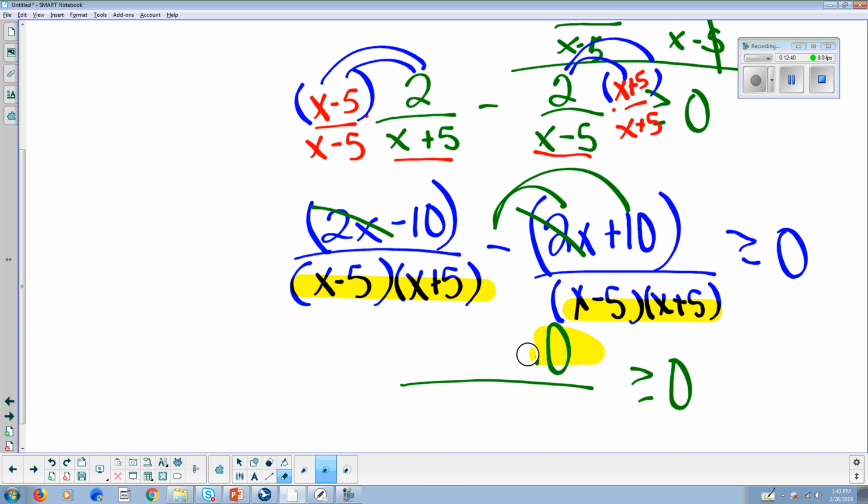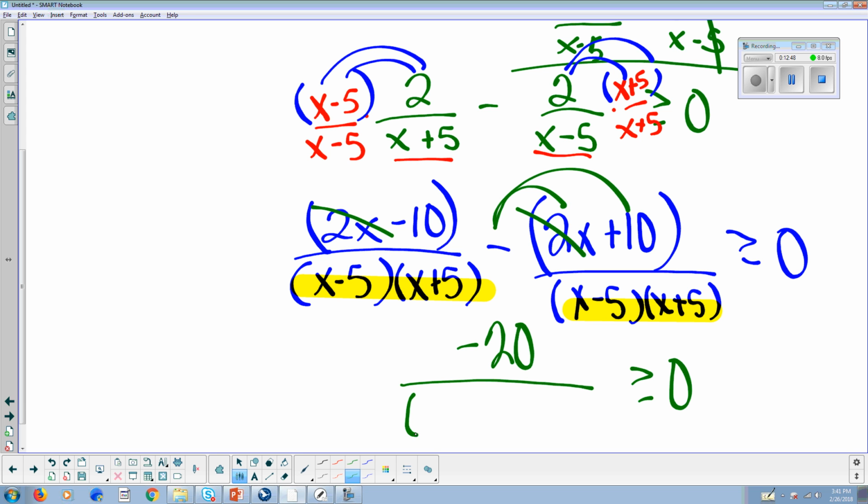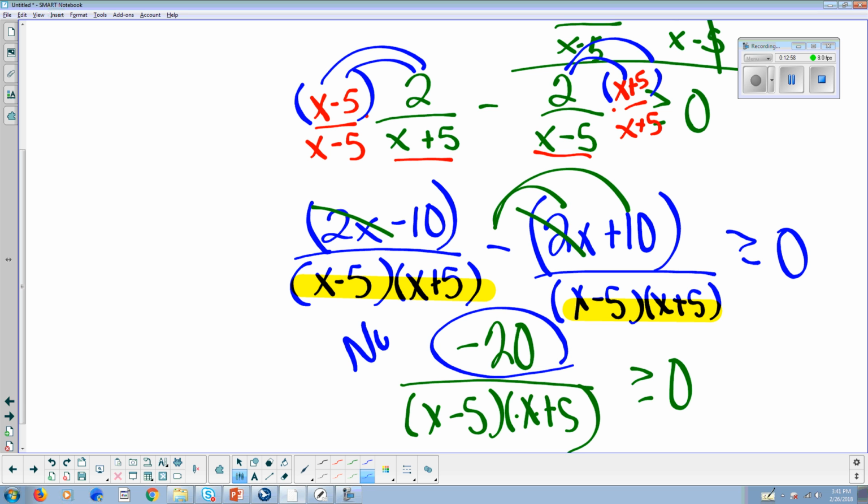So we're going to get -20 in the numerator. And in the denominator, x minus 5 times x plus 5. Okay, this time my numerator, -20, has no variable. When there is no variable, you do not set the numerator equal to 0 in the next step.